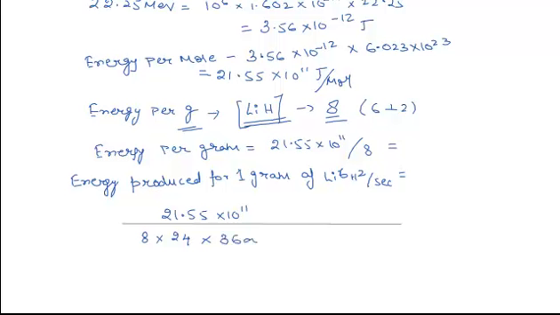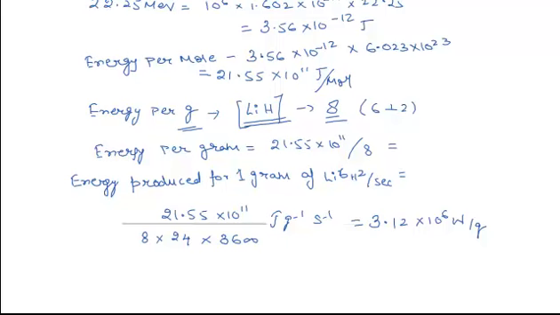That multiplied by the seconds, that is 3600. In 1 hour there are how many seconds? 3600 seconds. So in 24 hours there will be 24 into 3600 seconds. Now this will give us the energy in joule per gram per second, and that is equal to 3.12 into 10 to the power 6 watts per gram.